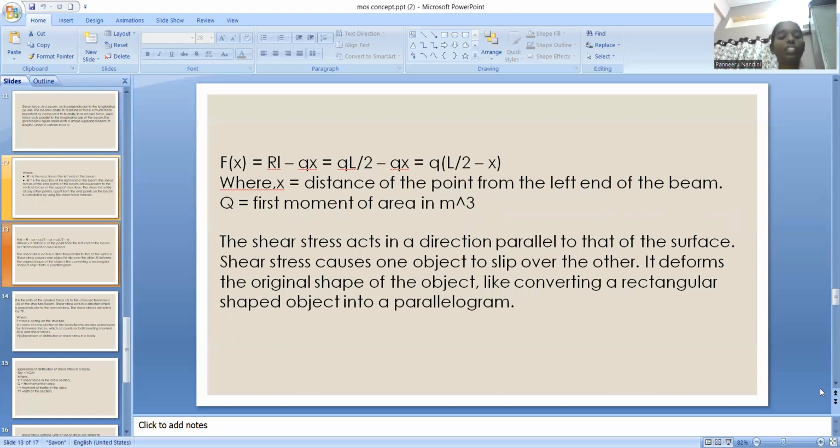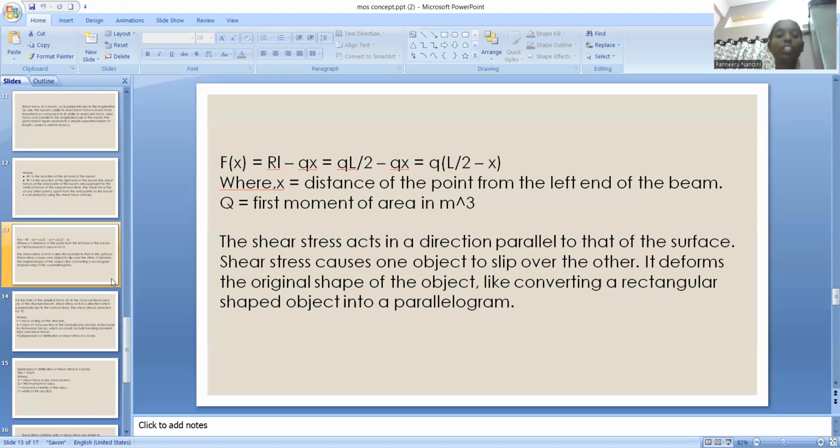The shear stress acts in a direction parallel to the surface. Shear stress causes one object to slip over the other.